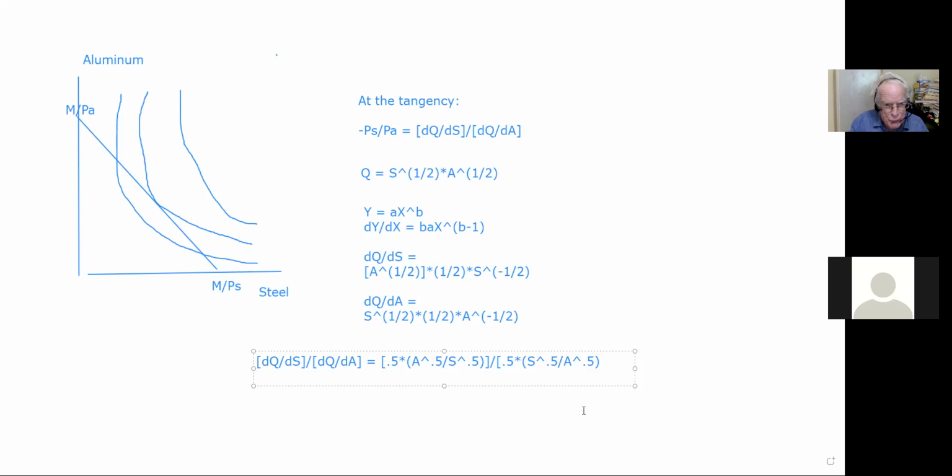So that looks better than messy. But let's clean it up a bit by getting rid of the 0.5 in both the numerator and the denominator.